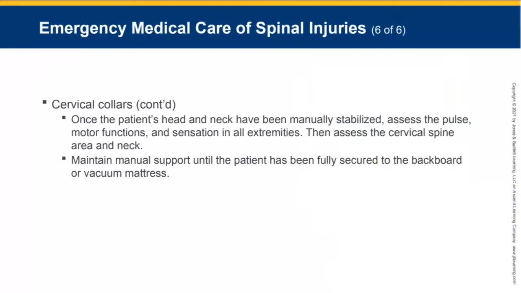Once the patient's head and neck have been manually stabilized, assess pulse, motor, and sensory function in all extremities, then assess the cervical area and neck. We will go through this in practical. Maintain manual support until the patient has been fully secured to the backboard or a vacuum mattress.